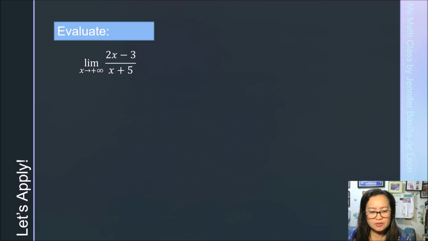So in this case, we divide each term by x. So we will have 2x over x minus 3 over x all over x over x plus 5 over x.